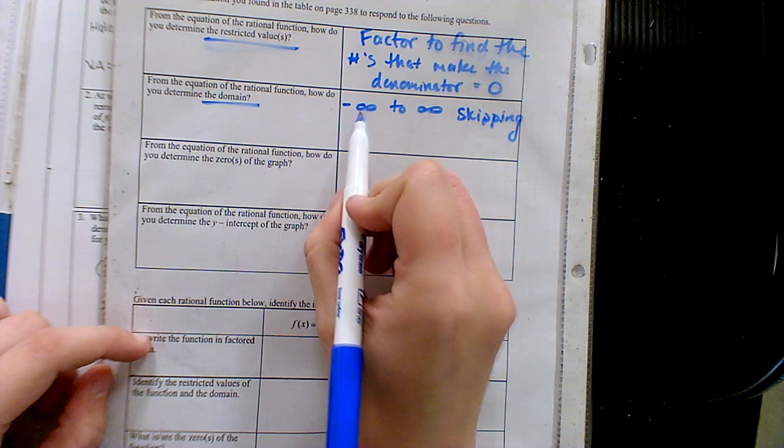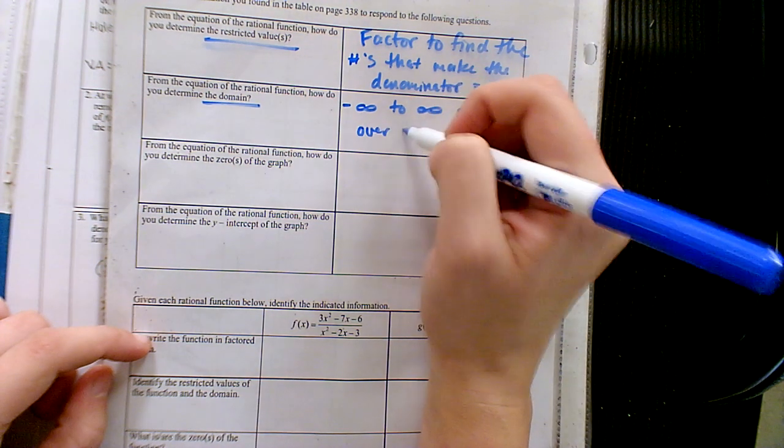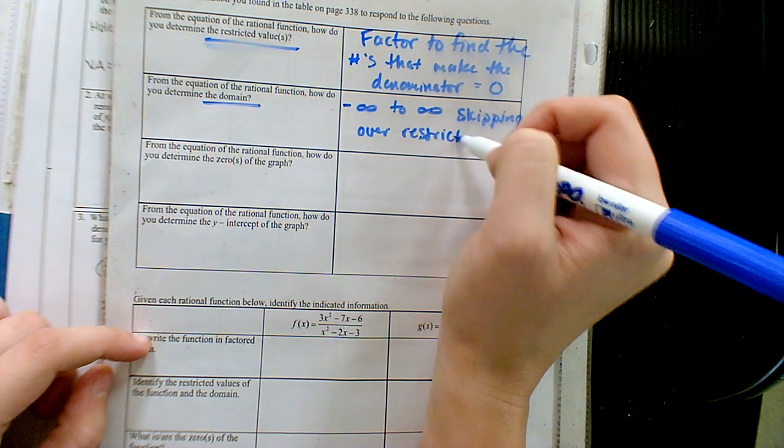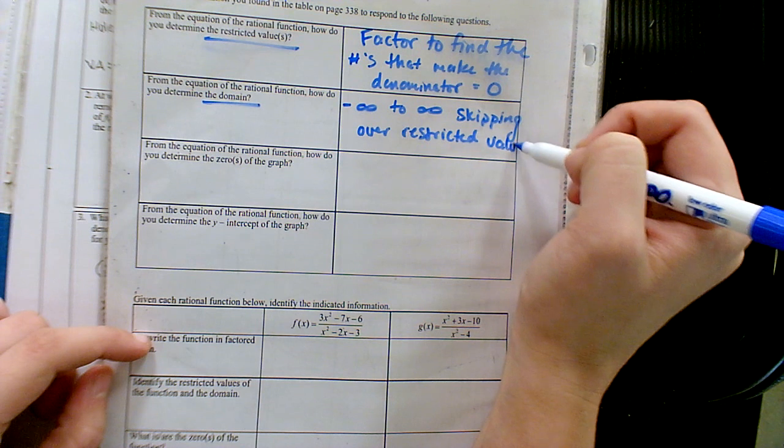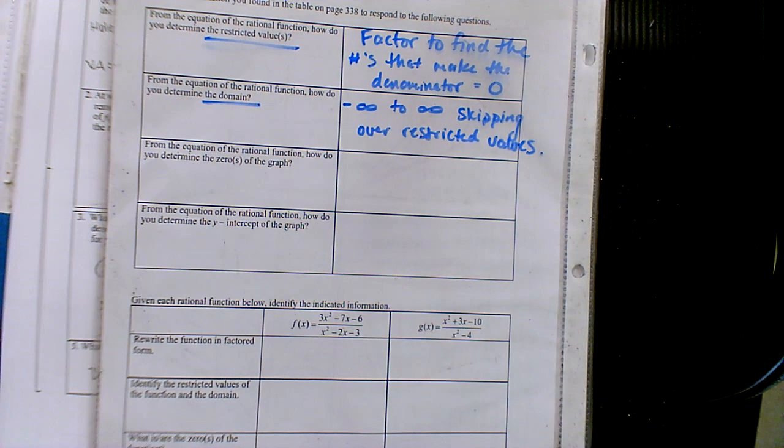I'm going to say it word for word. Negative infinity to positive infinity, skipping over restricted values. I like it. Friend number 2, happy.